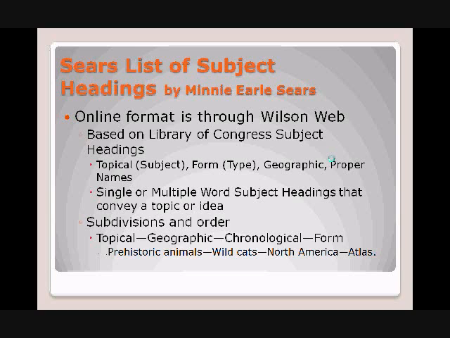The topical heading is always first. So, for example, if we have a book about the prehistoric cats of North America, which is an atlas, the main subject heading will be prehistoric animals, with the subdivision wild cats, a geographic subject heading North America, and a form subject heading atlas.